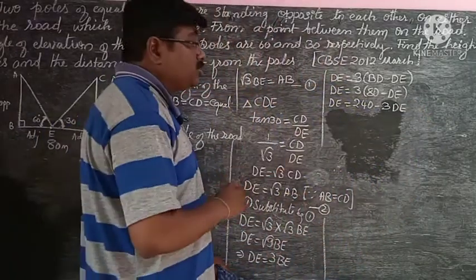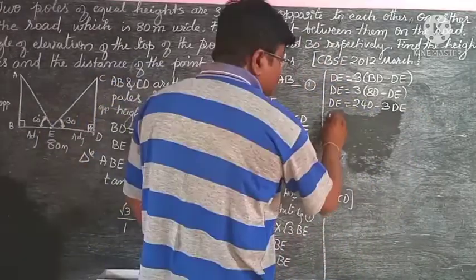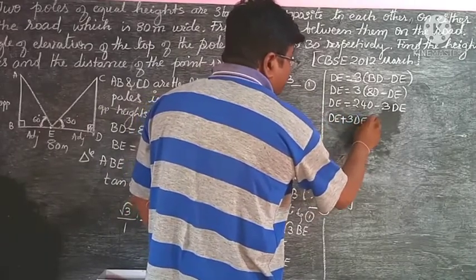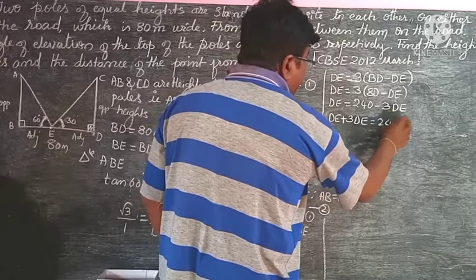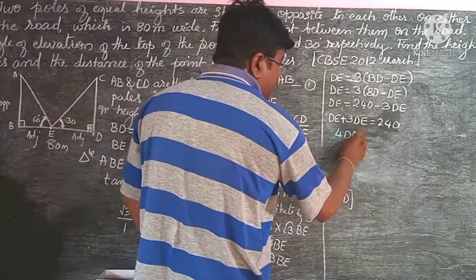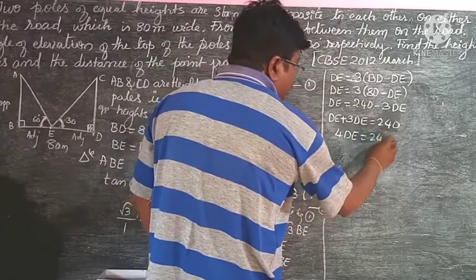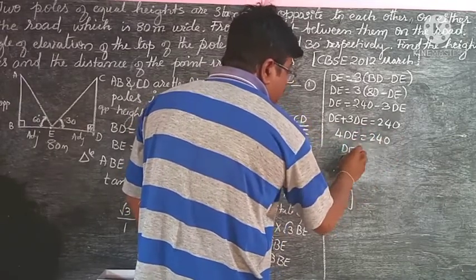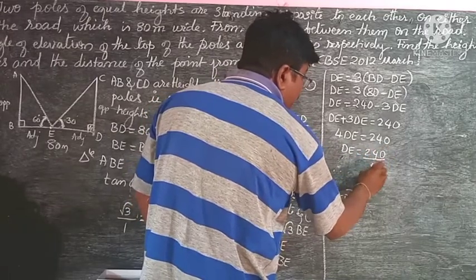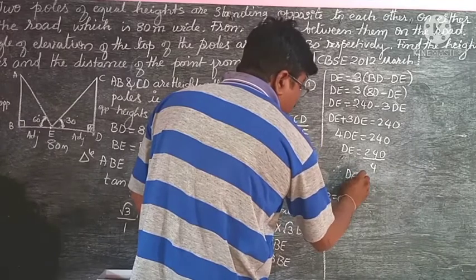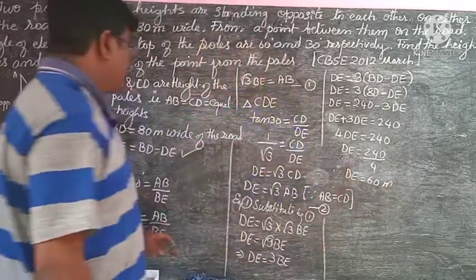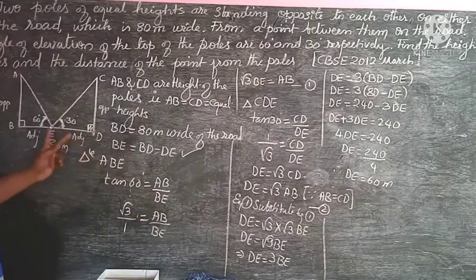So you can transpose this one, DE plus 3DE is equal to what? 240. 3DE plus 1DE is 4DE. 4DE is equal to 240. Therefore DE is equal to what? 240 divided by 4. Therefore DE is equal to 60. DE value is 60.